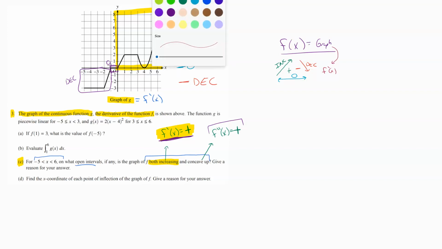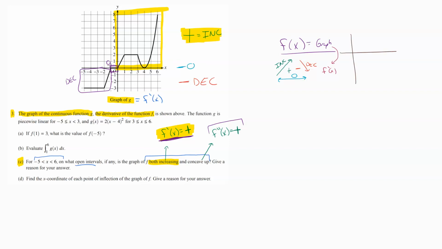We're going to play the same game right now, but because our starting graph is now our first derivative graph, wherever that graph is going up and has a positive derivative, that's a positive second derivative. And that tells us where the graph would be concave up.